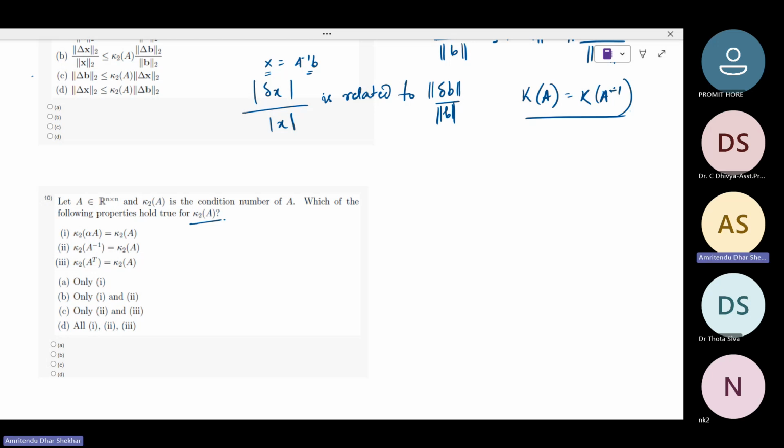I think the first two properties are very clear, they are immediate.